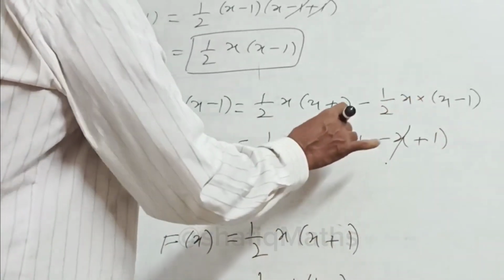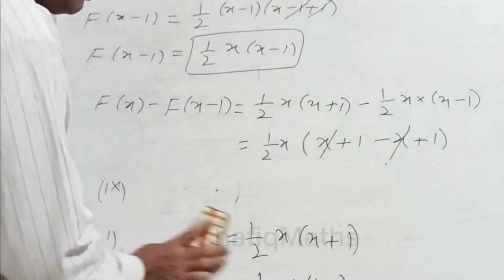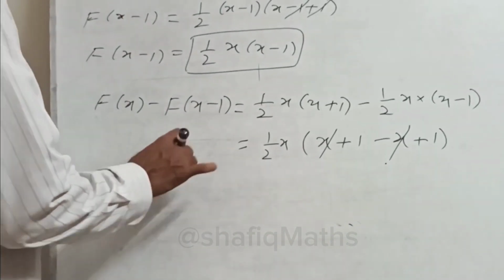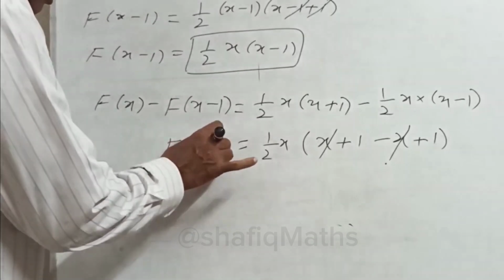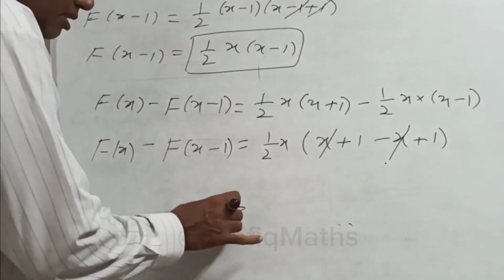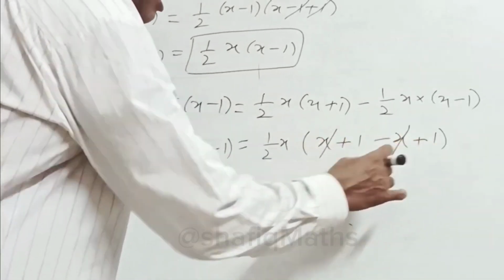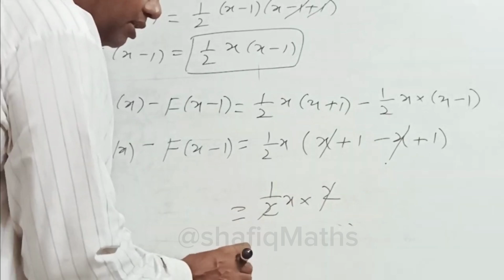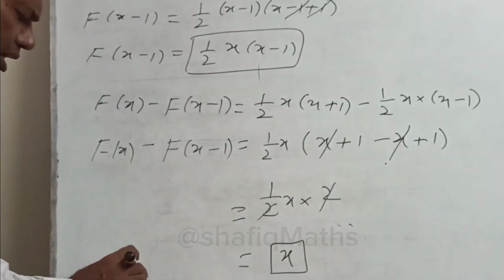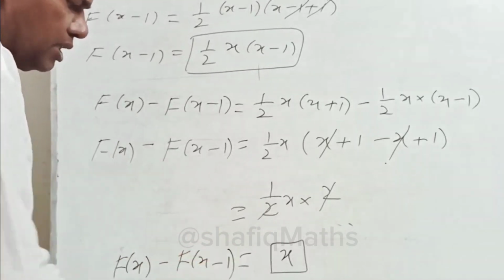So minus x and plus x will cancel out, and our answer will be 1 upon 2 x into 1 plus 1, that is 2. The 2 and 2 will cancel out, so x is left. This is the answer of f(x) minus f(x minus 1).